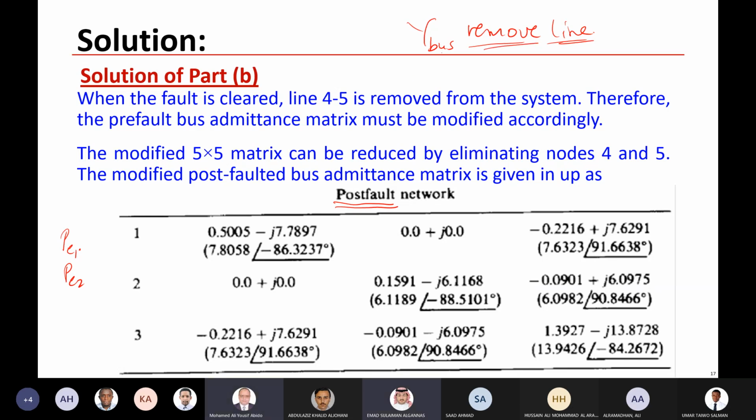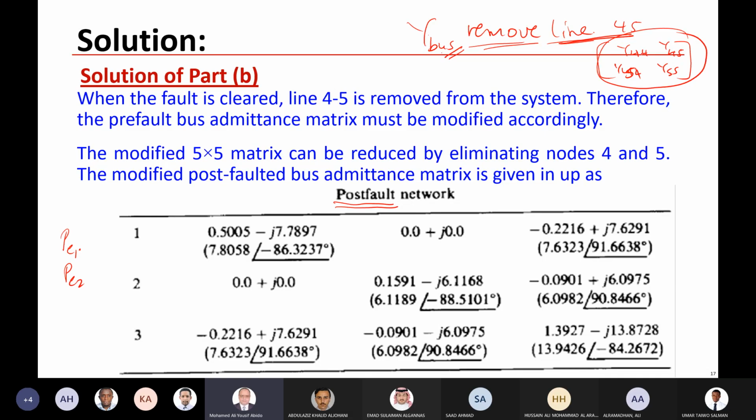Yes. Instead of forming the Y bus matrix from scratch, you can access line 4, 5. You can adjust Y44, Y45, Y54, and Y55. These elements need to be adjusted if you remove line 4, 5. Is it clear? Yes, Doctor. Okay, so this is the Y bus.